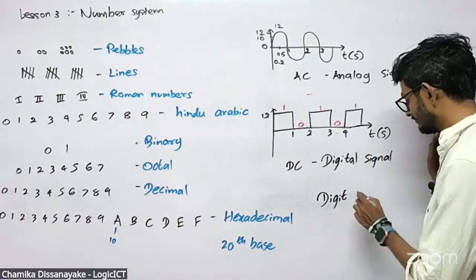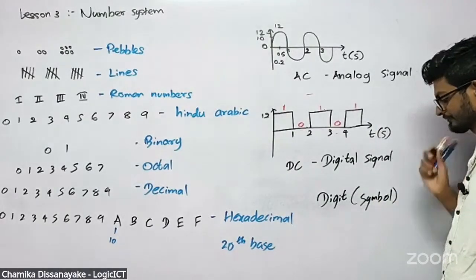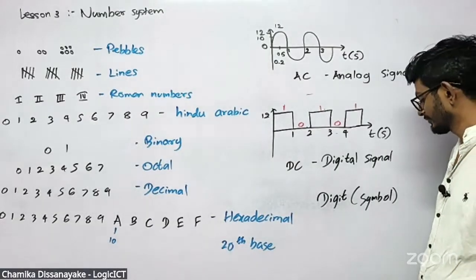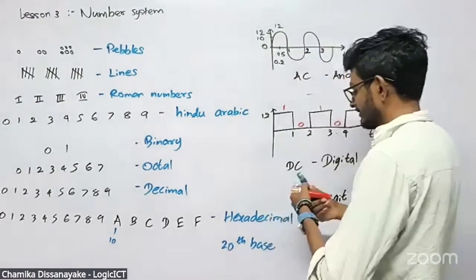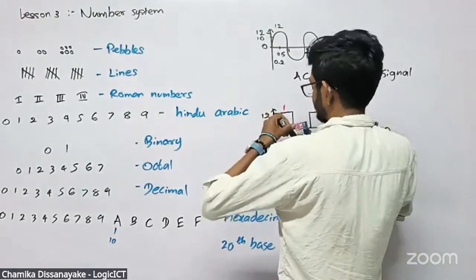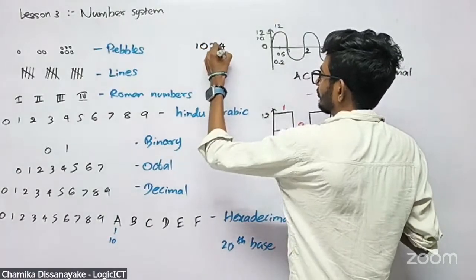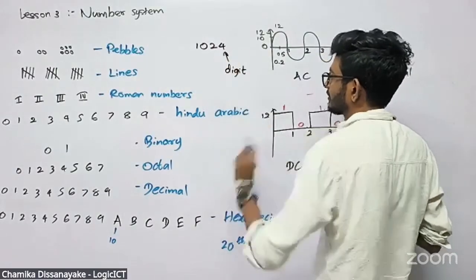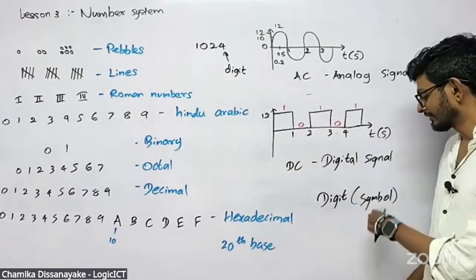Digit means symbol. That means, guys, when we write a number like 1024, one symbol is called a digit. So that's why I have included digit and, inside brackets, symbols.